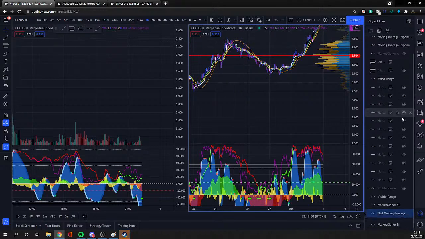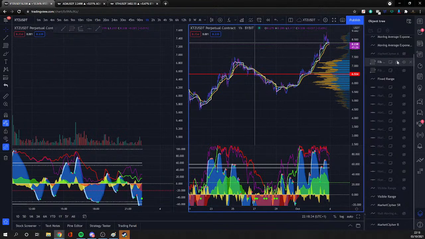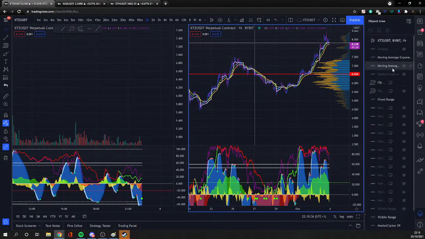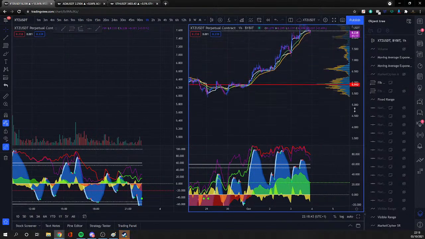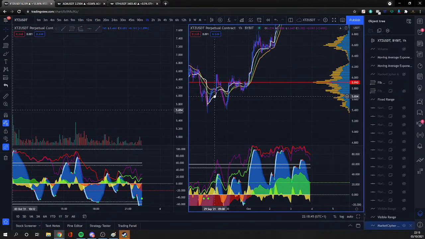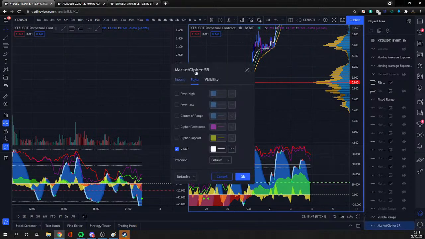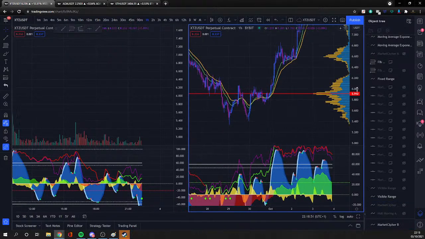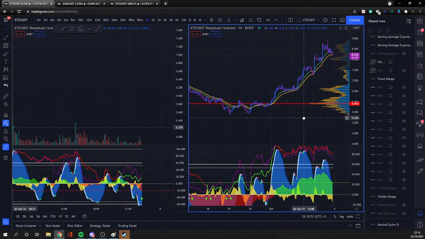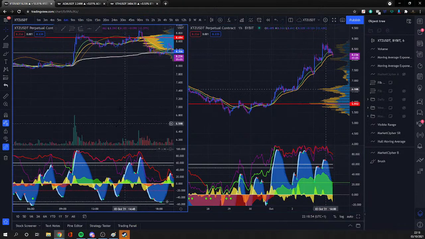What's this? This is the HMA. Yeah, let's turn that off. And let's turn off Market Cipher A as well, because I don't use that now. That's SR. Right.